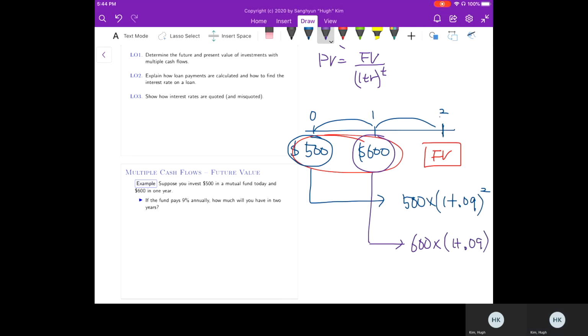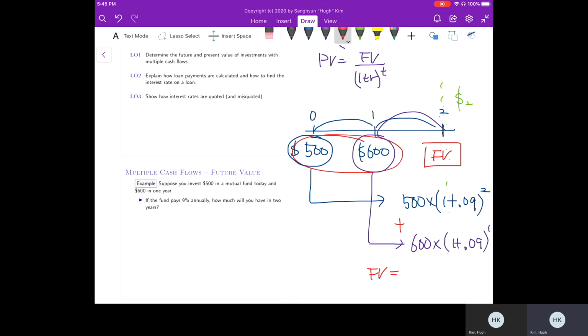Okay, so you compound it only once. And they are in same currencies, so they are in dollars in 2 years, so we can add them together to find the future value.